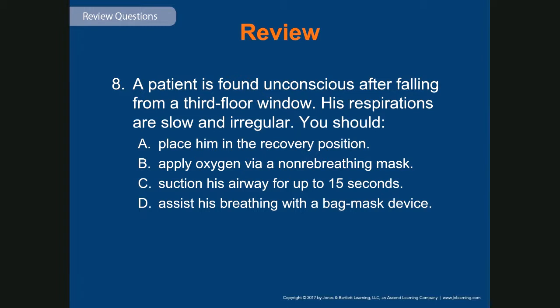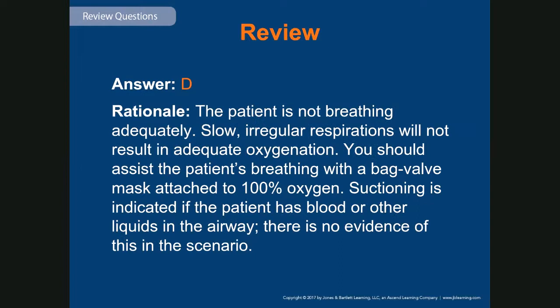So there are 2 things needed for this patient: airway positioning with an airway adjunct and positive pressure ventilation because of the poor chest rise, right? So the answer would be D, because the patient has a ventilation problem. When you're assessing a patient's respiratory system, you want to know if the patient has an upper airway problem, a ventilation problem, an oxygenation problem, or a respiration problem, and you address it, right?